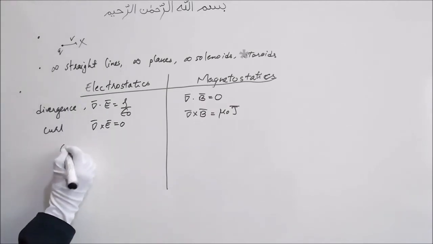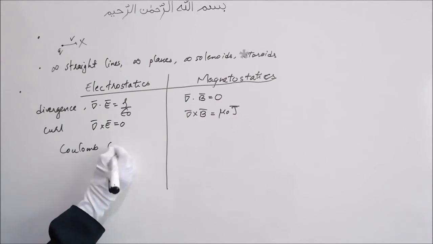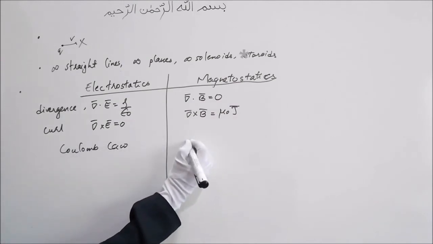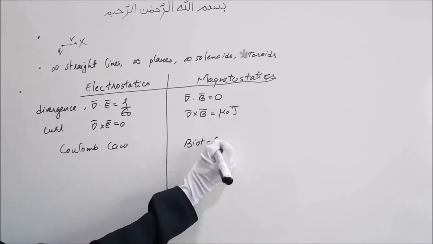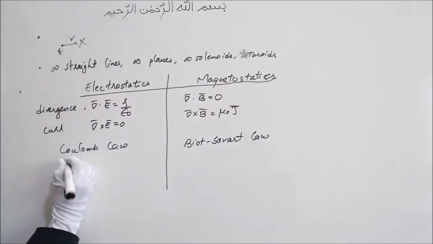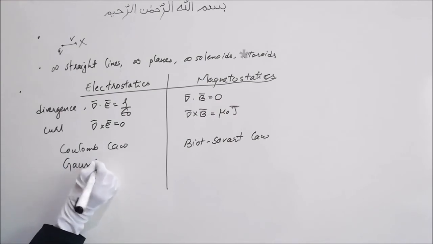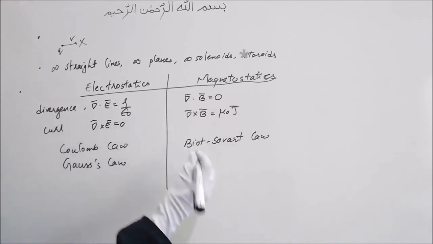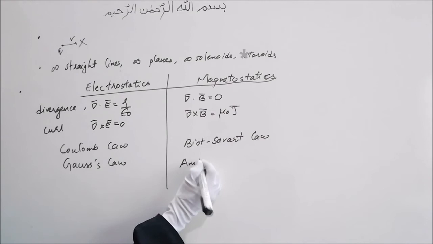In electrostatics, we had Coulomb's law. In magnetostatics, we have the Biot-Savart law. In electrostatics, we had Gauss law. In magnetostatics, we have Ampere's law.